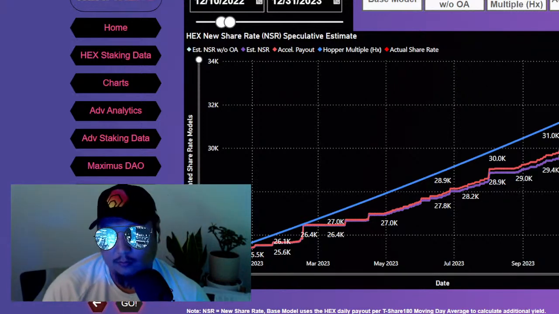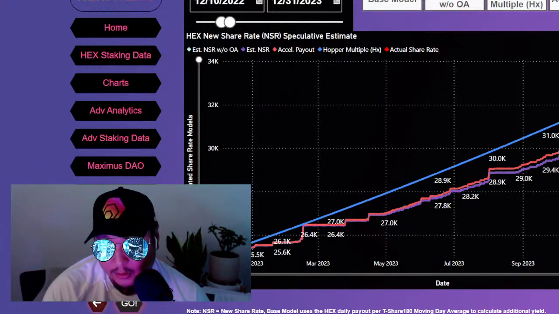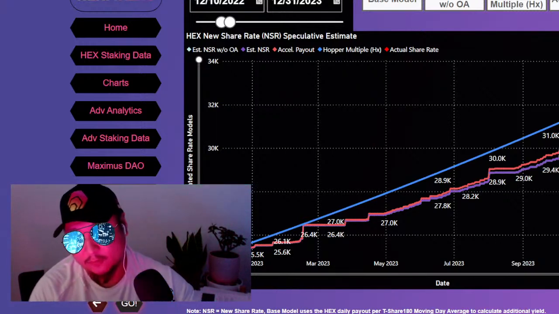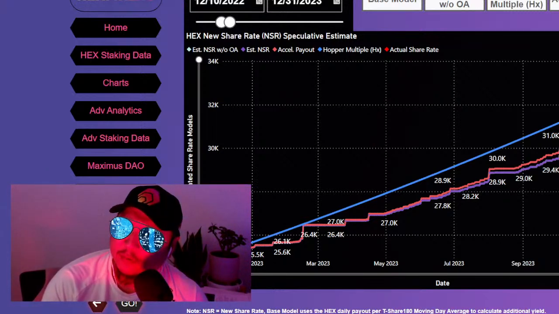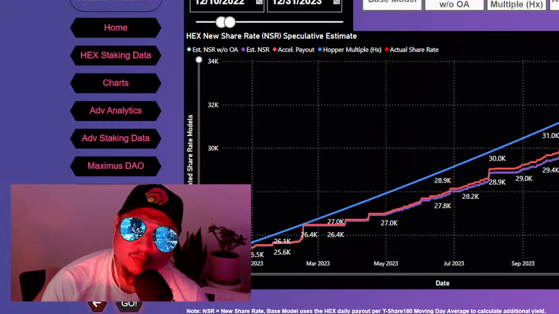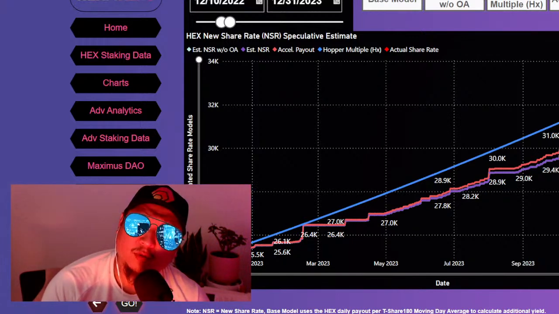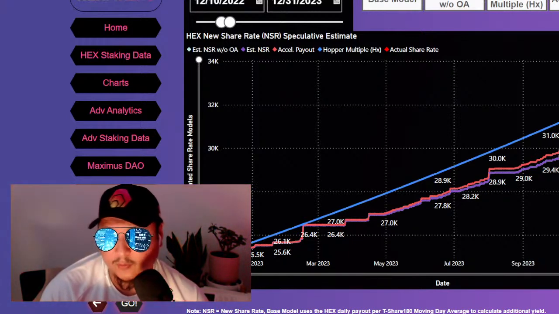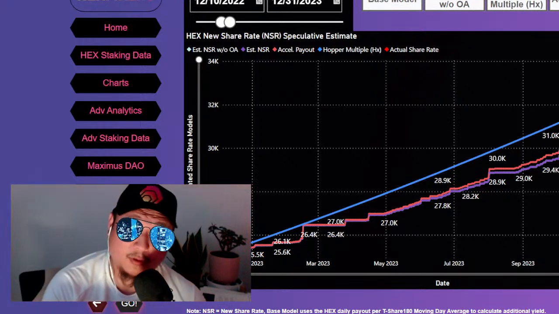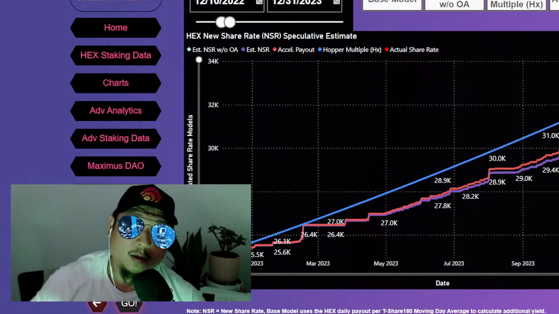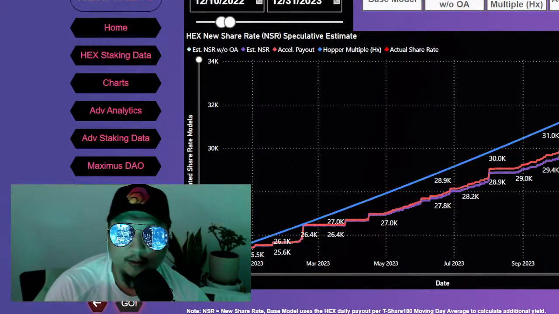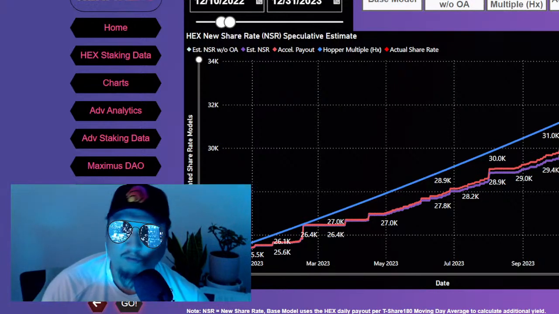I guess worth noting at this point, as a part of the HEX ecosphere, is the assumed benevolent origin address. I can't remember the mechanism off the top of my head, but basically the origin address holds a lot of HEX.